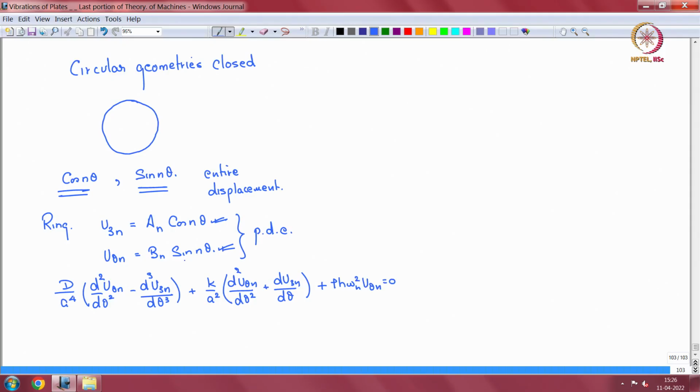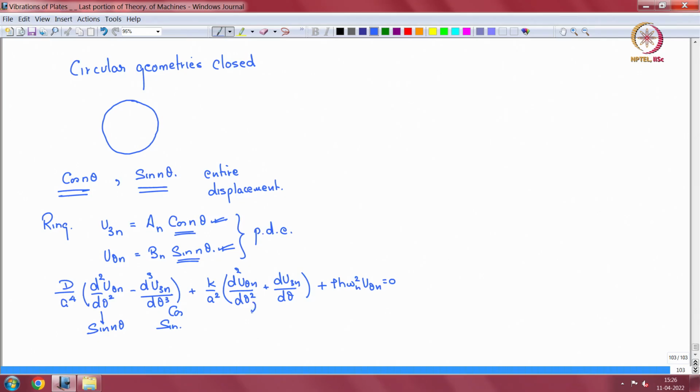So if u theta n has sin n theta and u3n has cos n theta, then you get two derivatives back to sin n theta. Three derivatives of u3, two derivatives bring it back to cos, three derivatives bring it to sin.